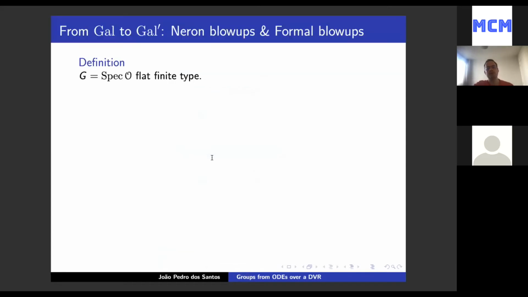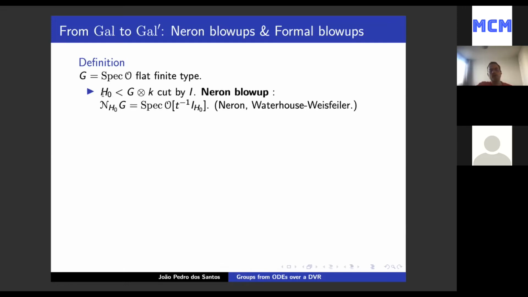Okay, so now how can I pass from Gal to Gal prime? And this is the theory of Néron blowups. Okay, and what is a Néron blowup? A Néron blowup is just considering one part of the usual blowup. Suppose I have a group scheme over R, and I have a closed subgroup of the special fiber, right, H naught.